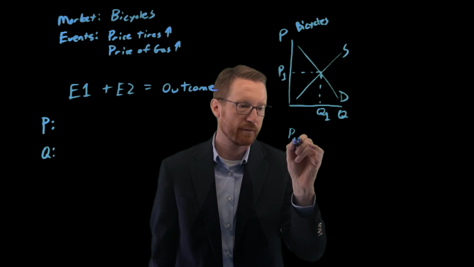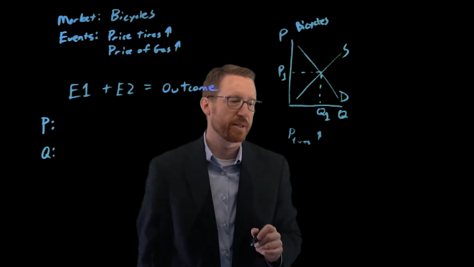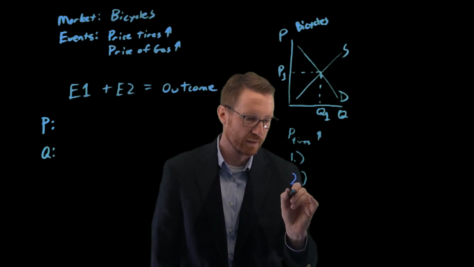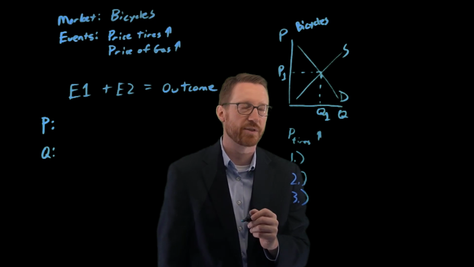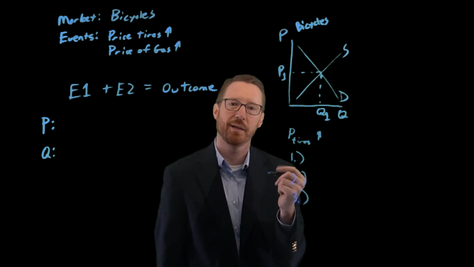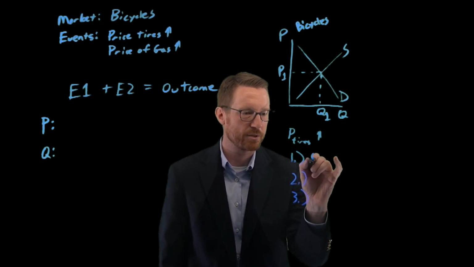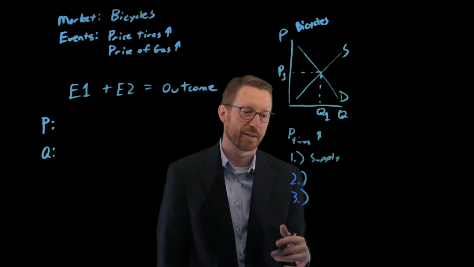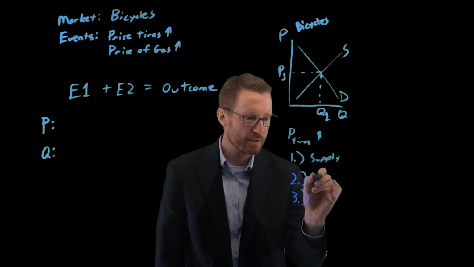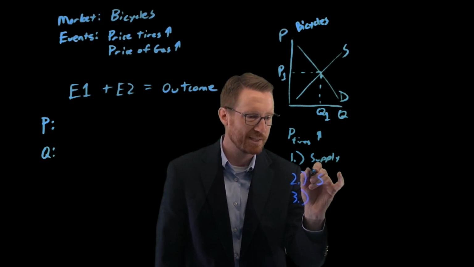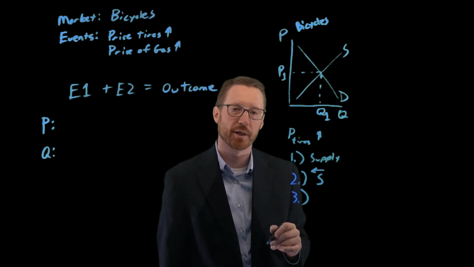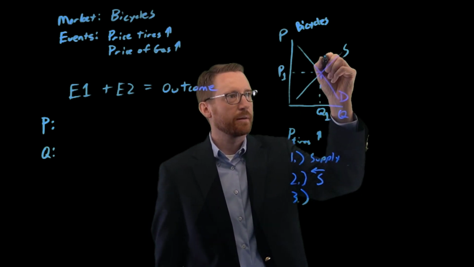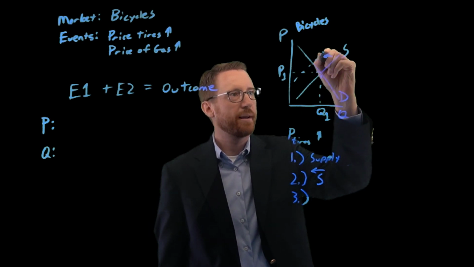So using our three-step process, which curve does that affect? The price of tires, oh, that's an input in bicycles, so this is going to be a story about supply. And if an input is rising in price, what's going to happen to the supply of bicycles? It's going to decrease. It's going to shift to the left. Left is less. All right, so supply shifts to the left.